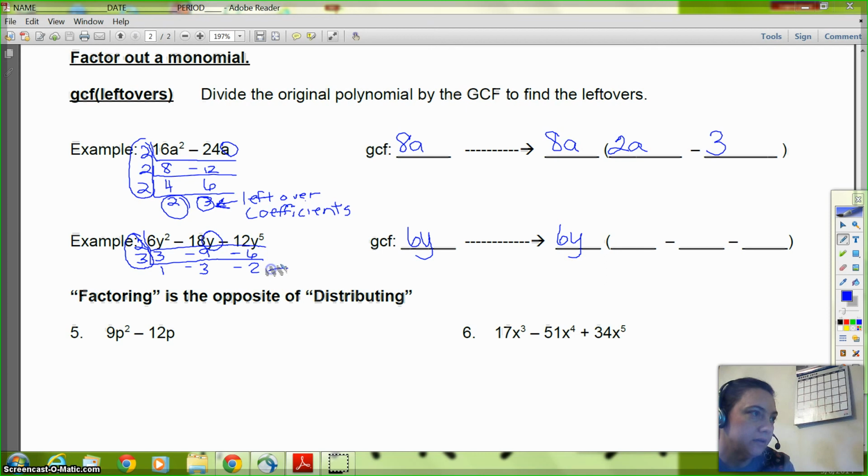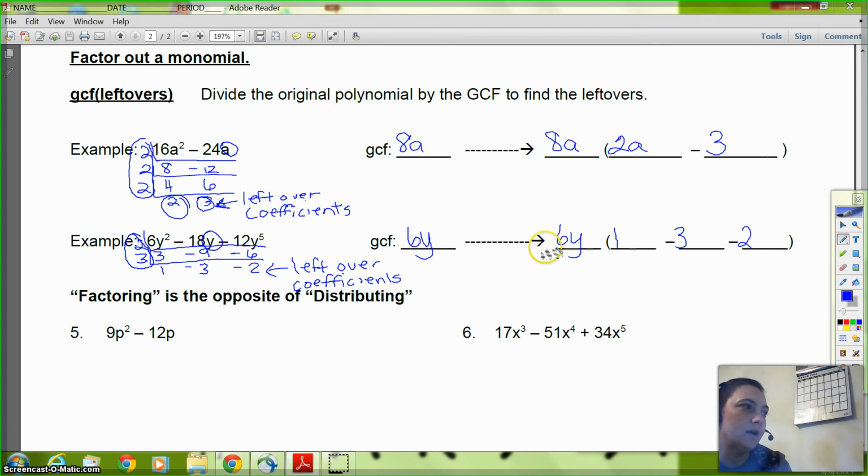And again, the numbers that I have at the bottom are going to be my leftover coefficients. I already know what they're divided out to, so I can put those in my terms. I can have 1, negative 3, and negative 2 filled in for my coefficients.